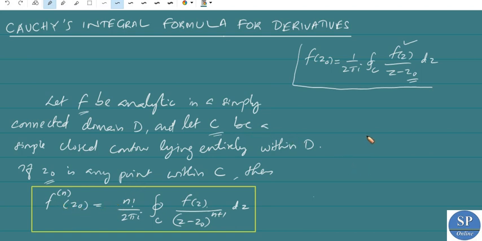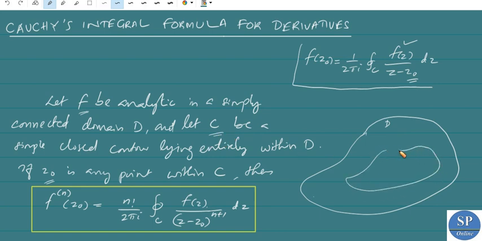Here also we need the condition that the function f of z on the numerator should be analytic in a simply connected domain D, and C should be a simple closed contour lying entirely inside D.